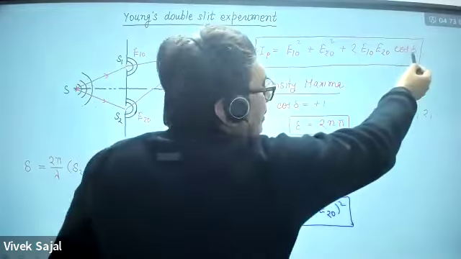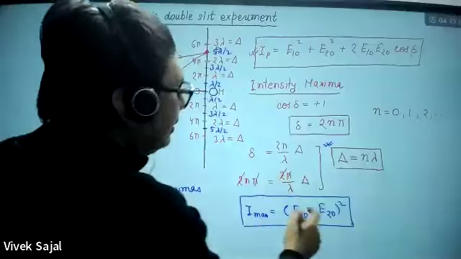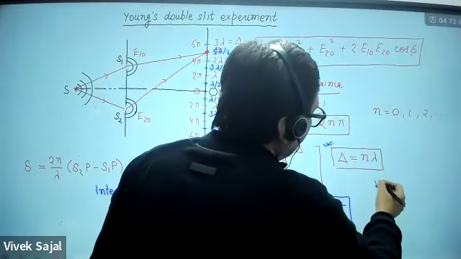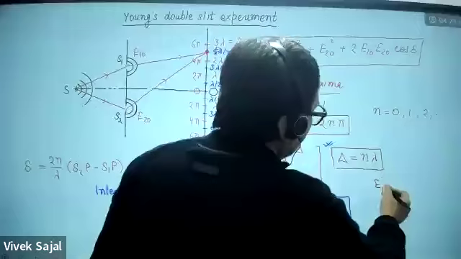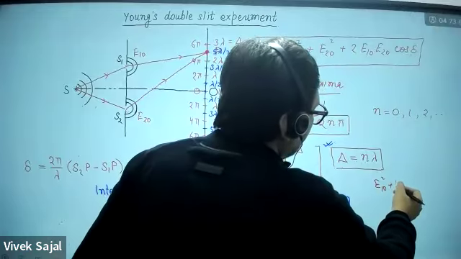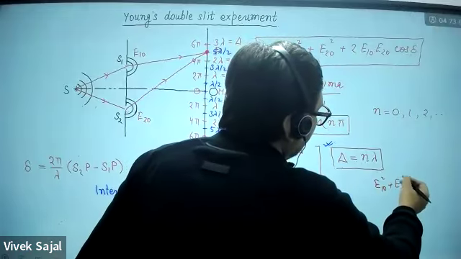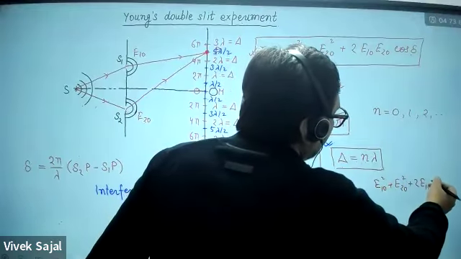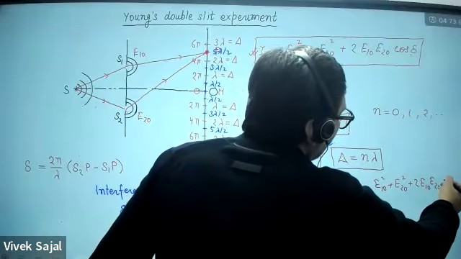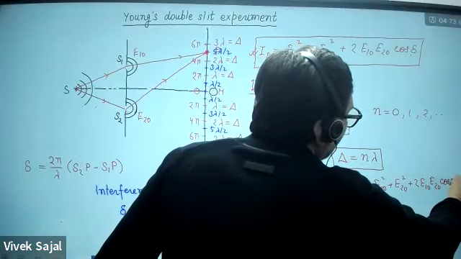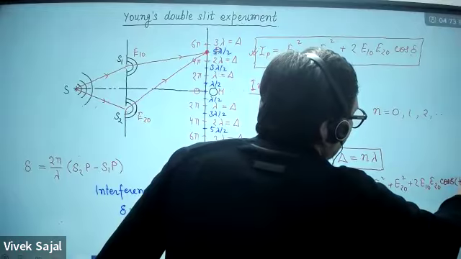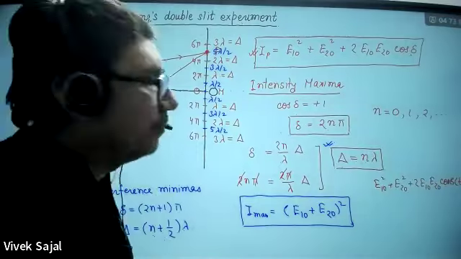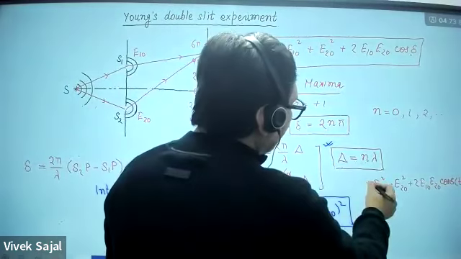When you change this delta, I can write the intensity as E1 naught square plus E2 naught square plus 2 times E1 naught E2 naught cos delta, where delta is now a function of time. So your intensity will be a function of time.